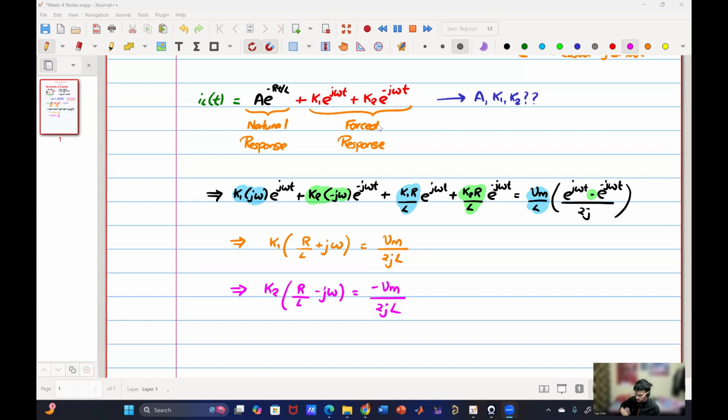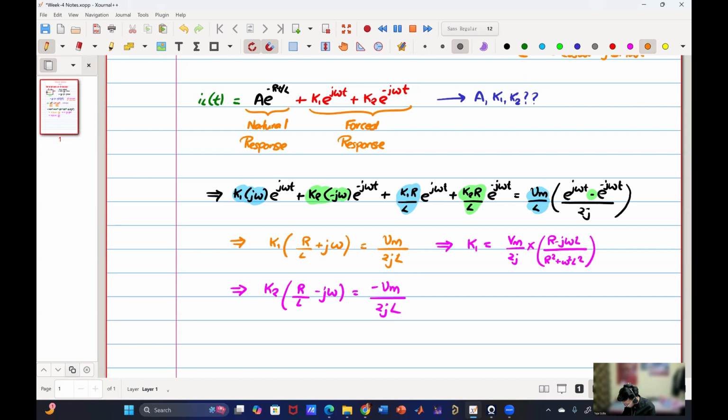Okay. So I'll just skip the calculation part because I assume you will be able to do it. It is just a small thing that you can calculate, and it saves us time. So I'll directly give K1. If you take it on the RHS side and simplify, you will get something like this: Vm by 2j into (R minus j omega L) by (R square plus omega square L square).